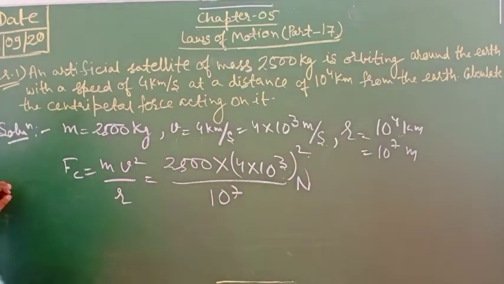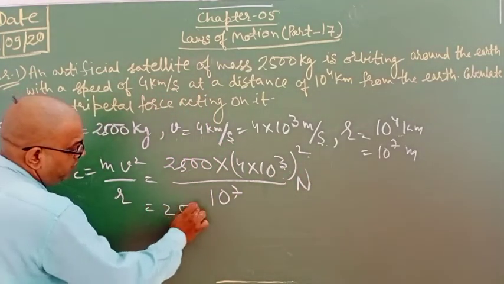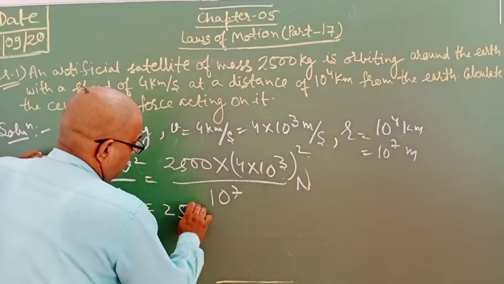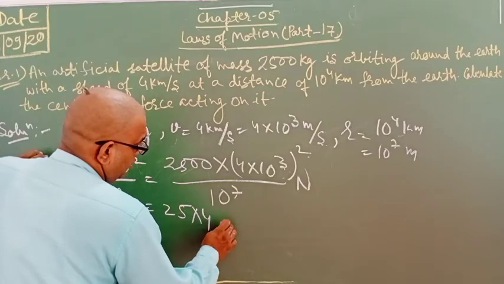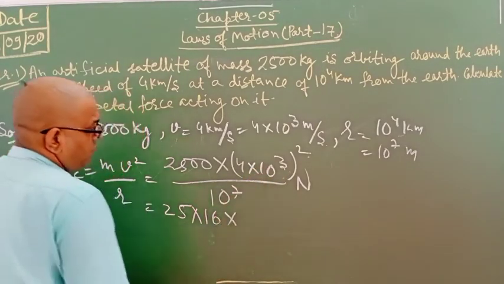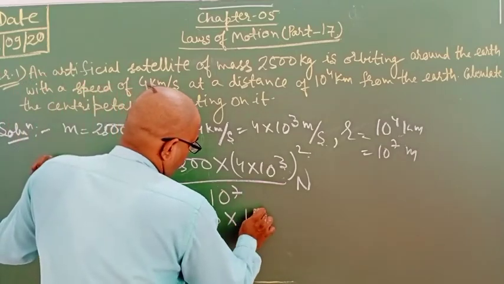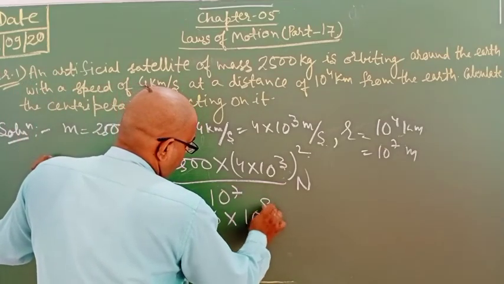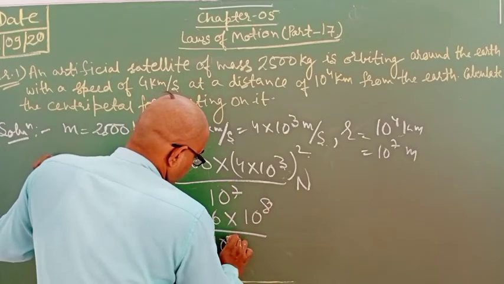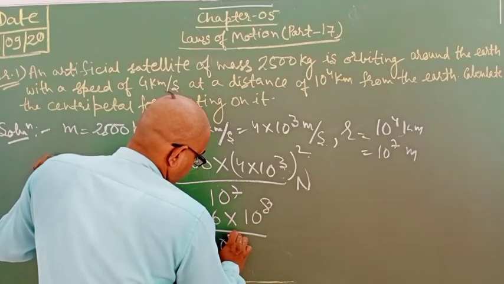Now 25 into 16 into 10 to the power 8 upon 10 to the power 7.